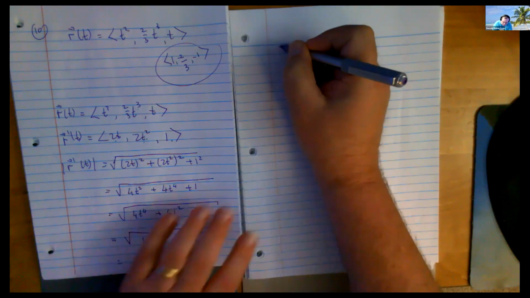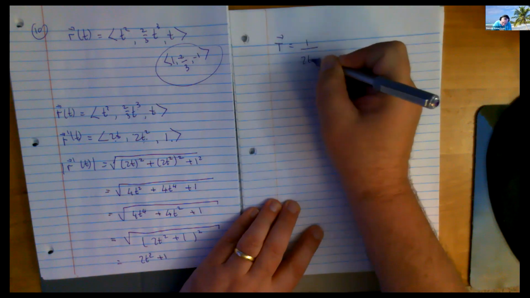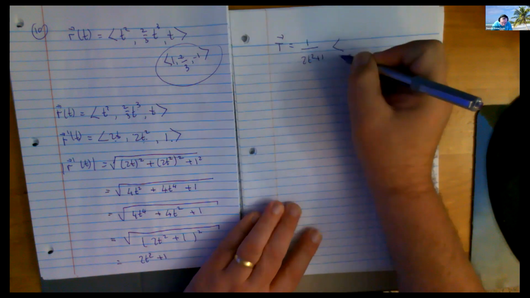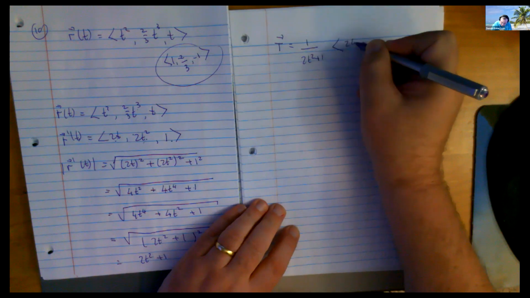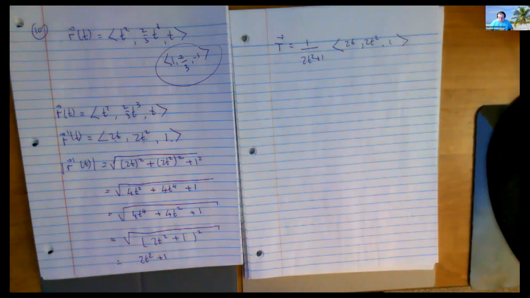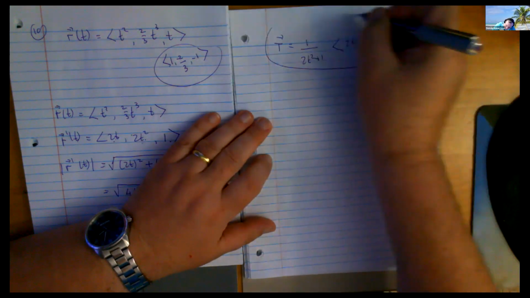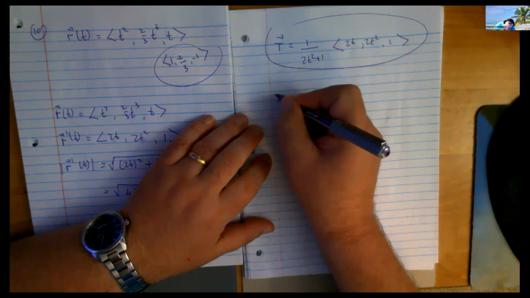So our unit tangent vector is going to be 1 over that guy with this fella. I guess I'm going to do this.